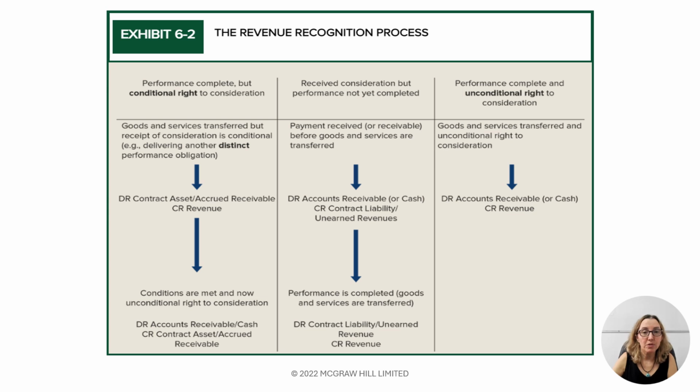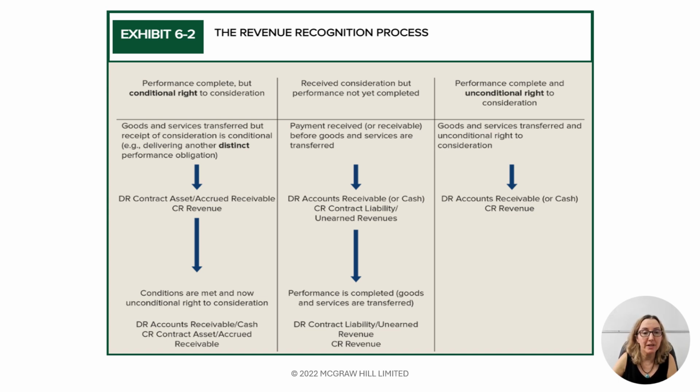Now I want to go through some of the journal entries for revenue recognition under this new contract-based approach. Now, a lot of times when you sell goods to a customer, you're going to debit accounts receivable, but you're going to see in the first box here, it says performance is complete, but it's a conditional right to consideration. In other words, they're not obligated to pay you just yet, but you did transfer some goods or services, but the consideration is contingent on something happening.